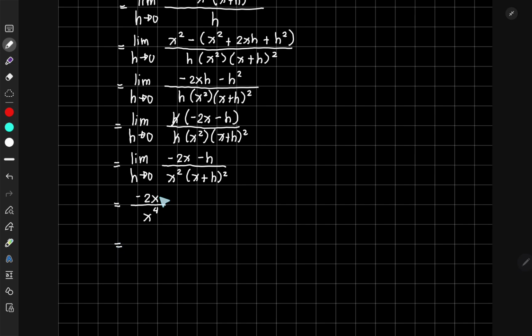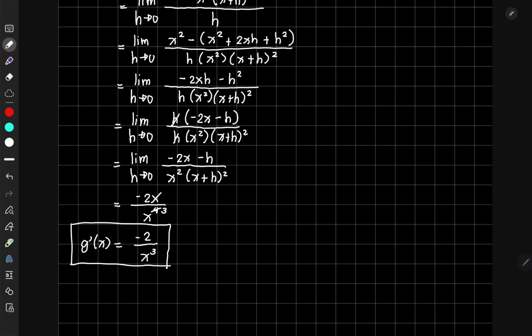Simplifying this, we cancel one x here and one x there. So this would become negative 2 all over x raised to 3. And this is the derivative of the function g of x.